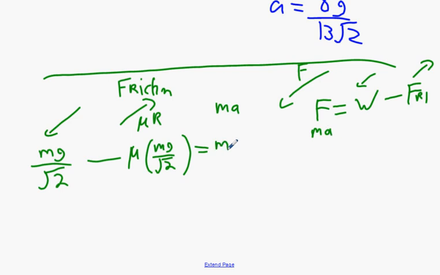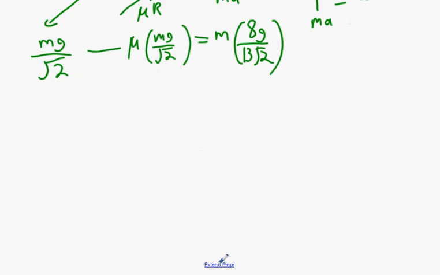The acceleration in the last question was 8g over 13 root 2. Now we're going to have to just quickly sort out the root 2's and the m's. Cancel. And then, what else are we going to have here? Cross multiply the 13.